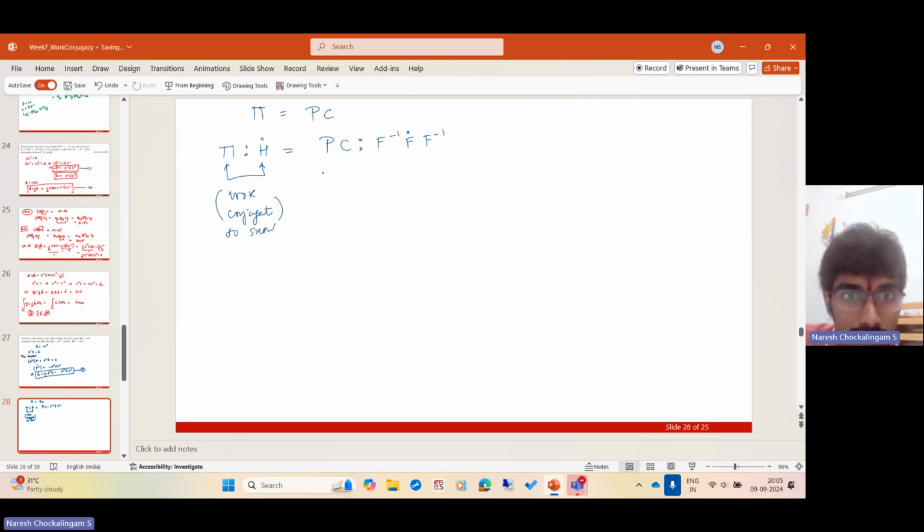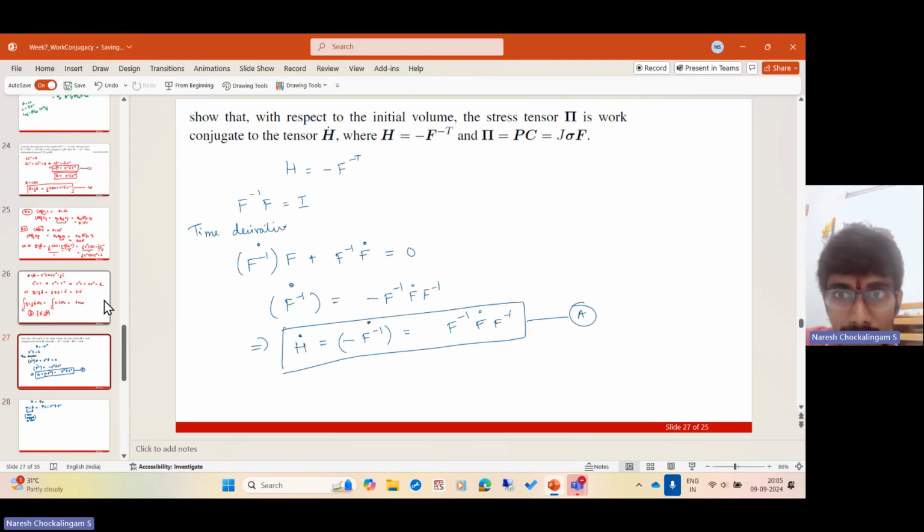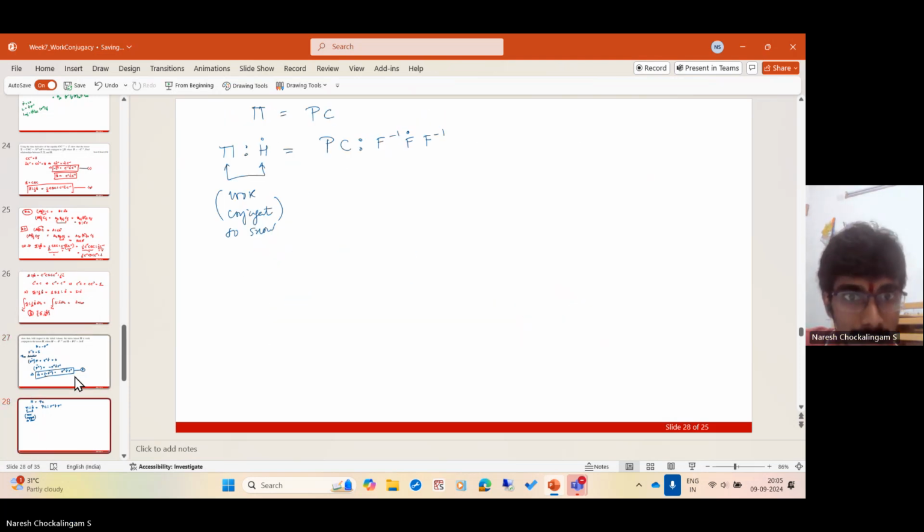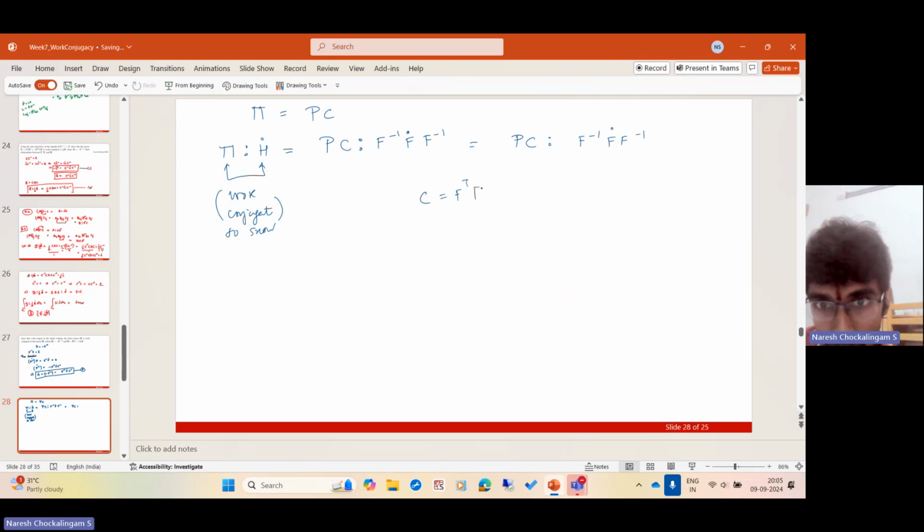So what do we do? Write this as PC contracted with F inverse F dot F inverse. C is nothing but F transpose F. So this is equal to J sigma F inverse transpose F transpose F contracted with F inverse F dot F inverse.